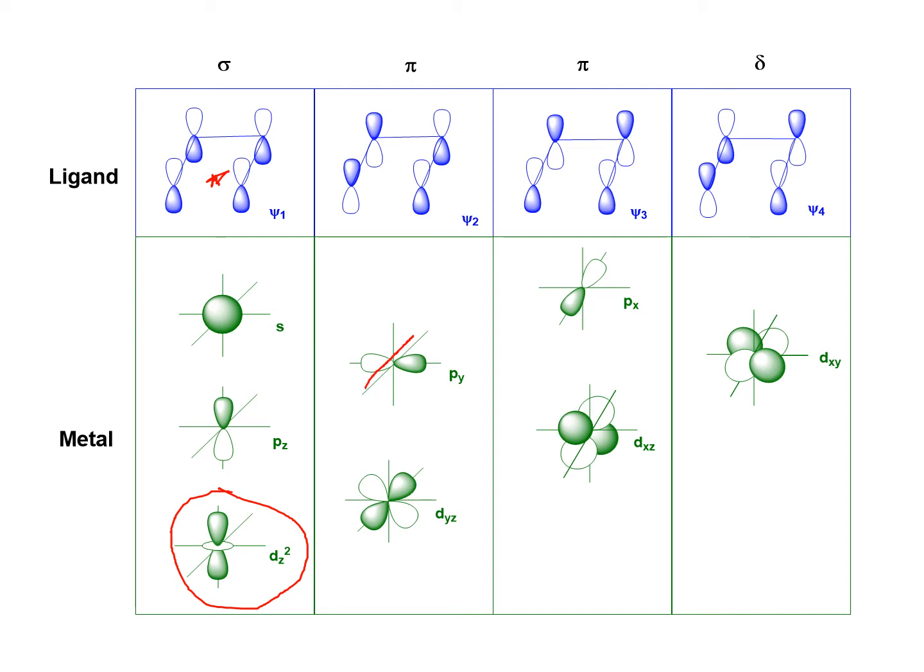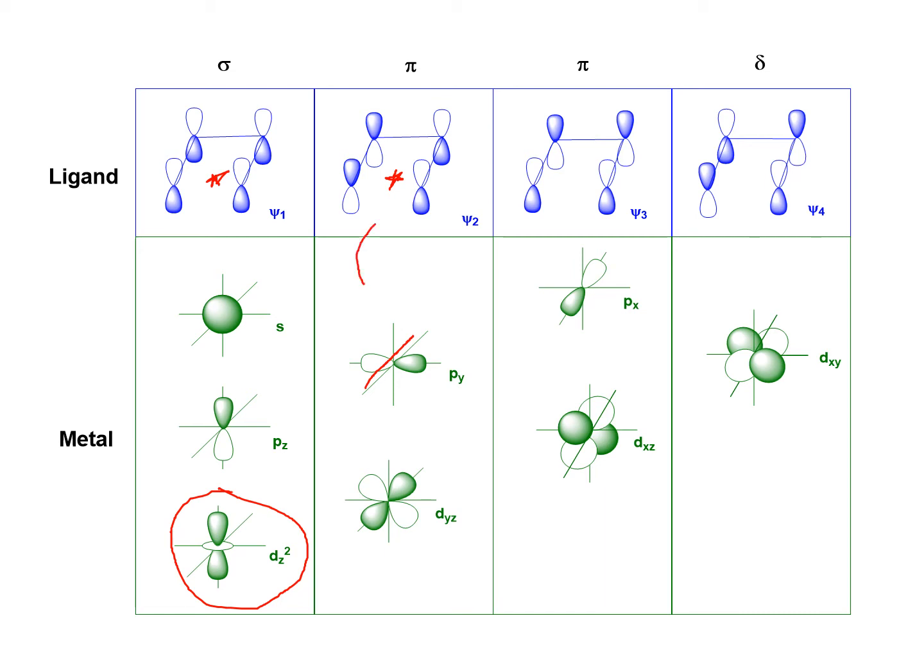And you'll notice that if I position the metal in this place, that is right in the center of the 4 carbon atoms, below the plane of the 4 carbon atoms, then the py will match perfectly with the Psi2 orbital, and similarly the dyz also can interact with the Psi2 orbital. If the dyz is filled, then the interaction of Psi2 with dyz will become repulsive because both will be filled orbitals.